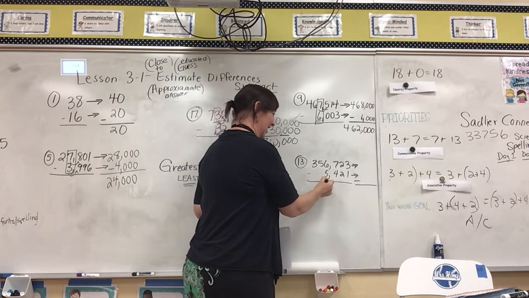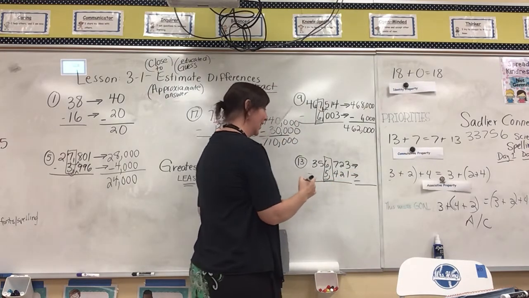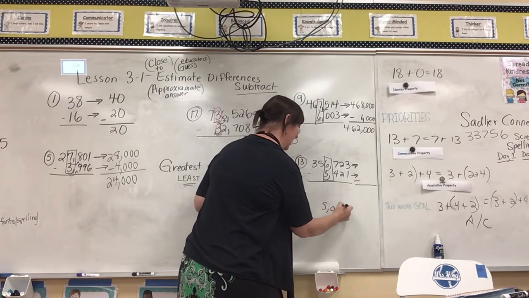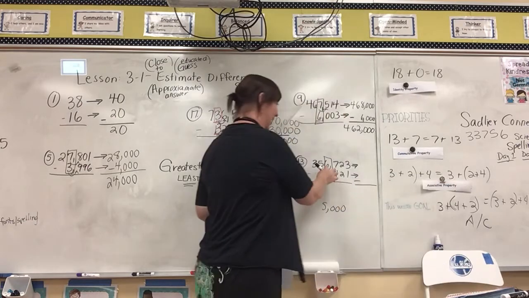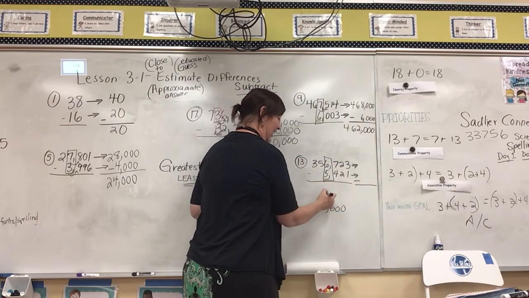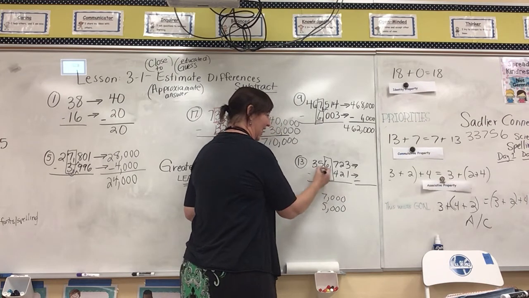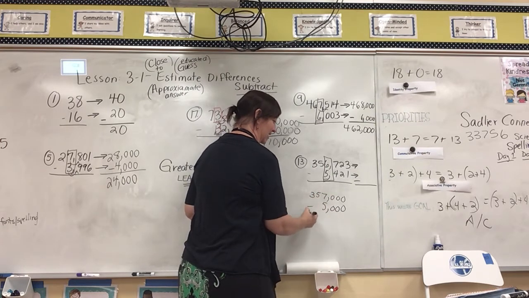So that number would round to 5,000. Okay, good. I'm going to write it down here at the bottom. 5,000. And then the top one's going to round to a 7. And what do I want to not forget? The 3 and the 5. Very good, because that's important when you go to subtract.